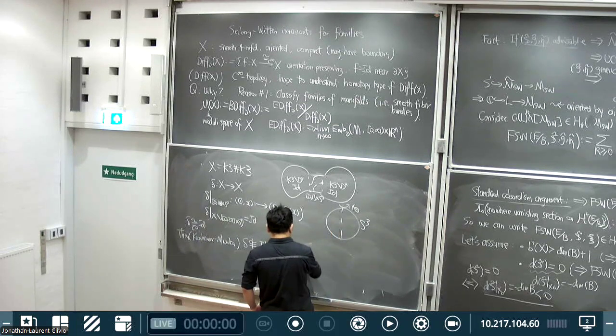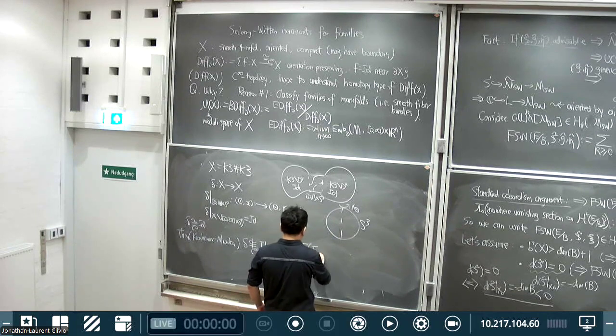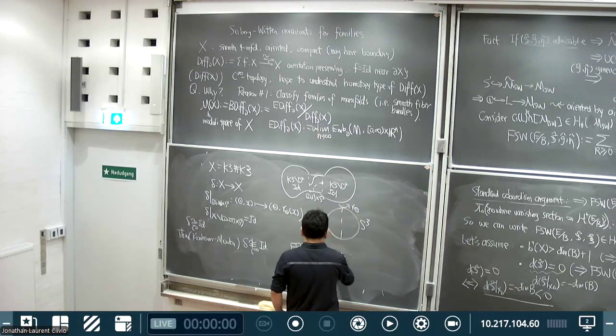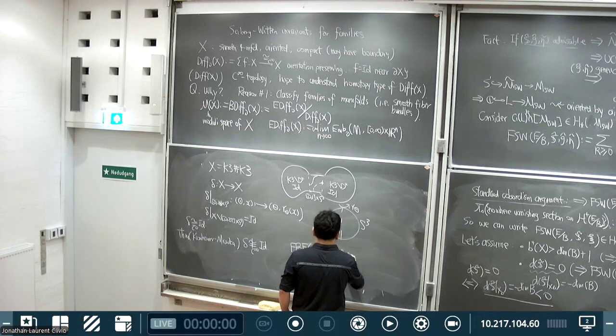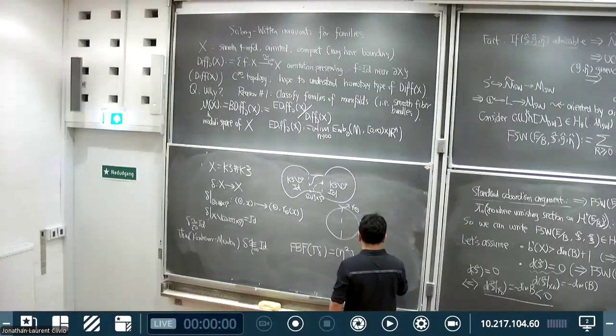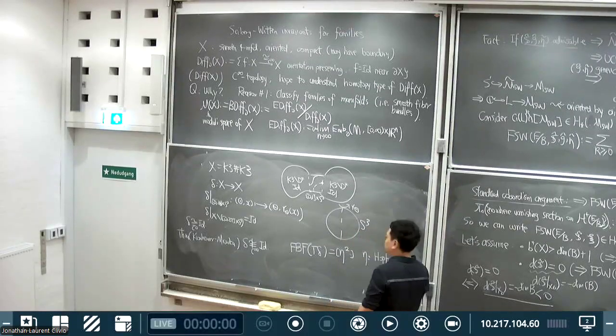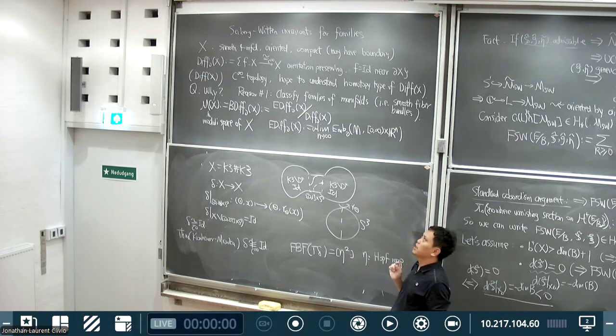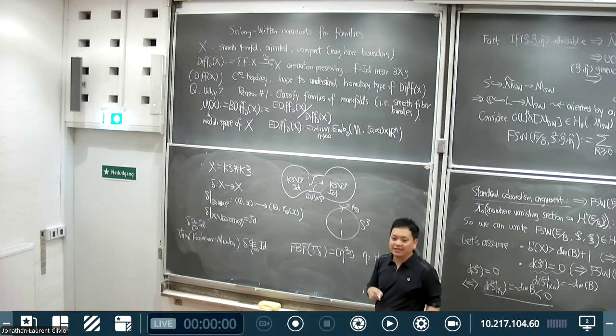Essentially, because the family Bauer-Furuta invariant of this mapping torus is represented by eta squared, eta cubed, where eta here is the Hopf map.